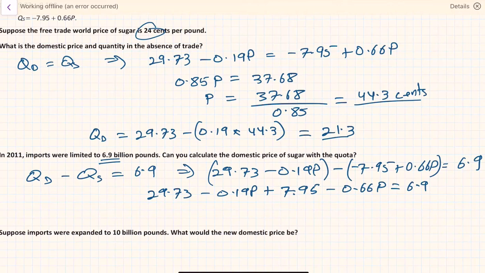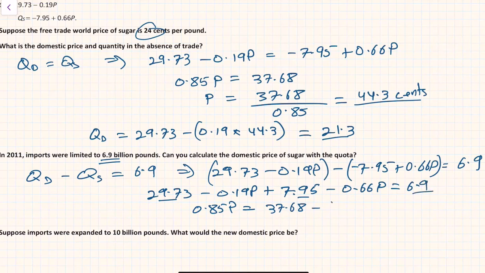We can rearrange terms again, move all the constants on one side and all the terms of p on the other side, and then we get 0.85p equals, we already saw that this plus this is 37.68, and then we subtract 6.9, or our p equals 36.2 cents.